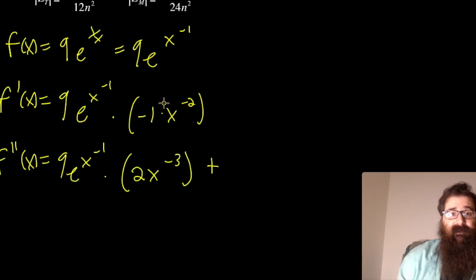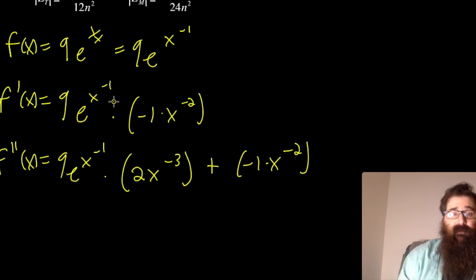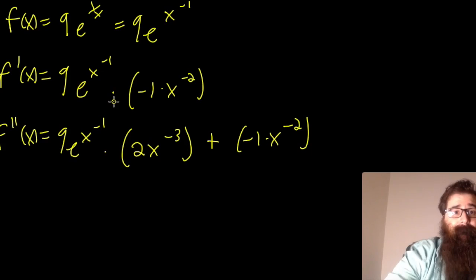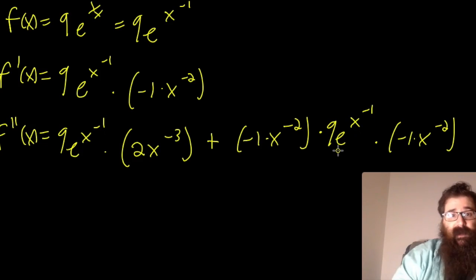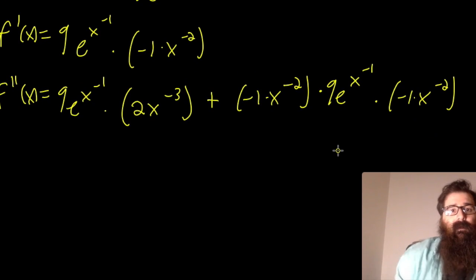And then I'm going to add to this. Now I'm going to rewrite the second factor, negative 1 x to the minus 2. I'm going to multiply by the derivative of the first factor. And the derivative of 9e to the x to the minus 1 is just another chain rule. So we get outer derivative and then the inner derivative again. Should look familiar because we had to do that to get f prime.